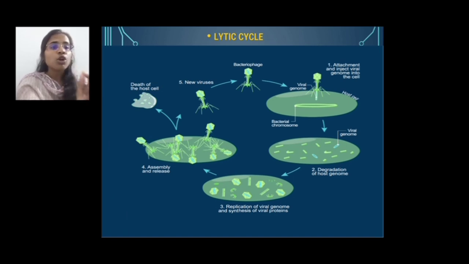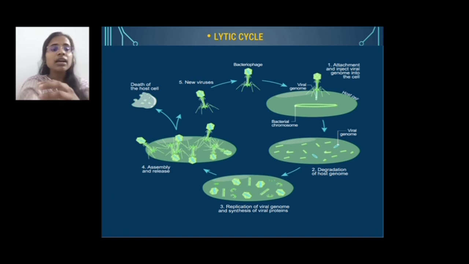The viral genome is inside the cell, and the second stage is the degradation of the host genome. The third is the replication of the viral genome and synthesis of viral proteins.